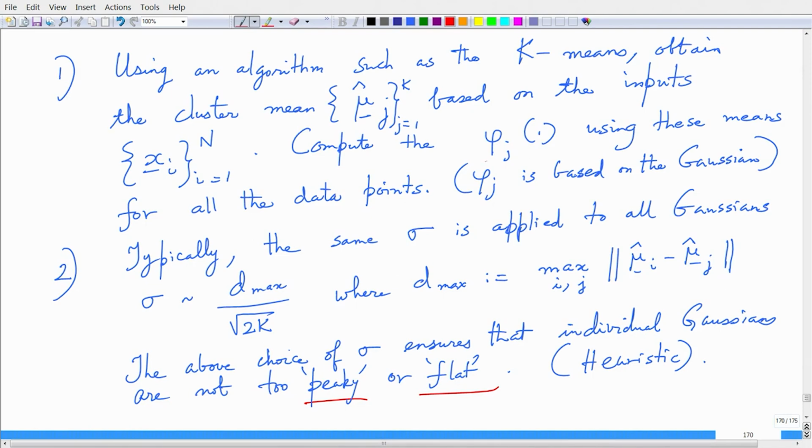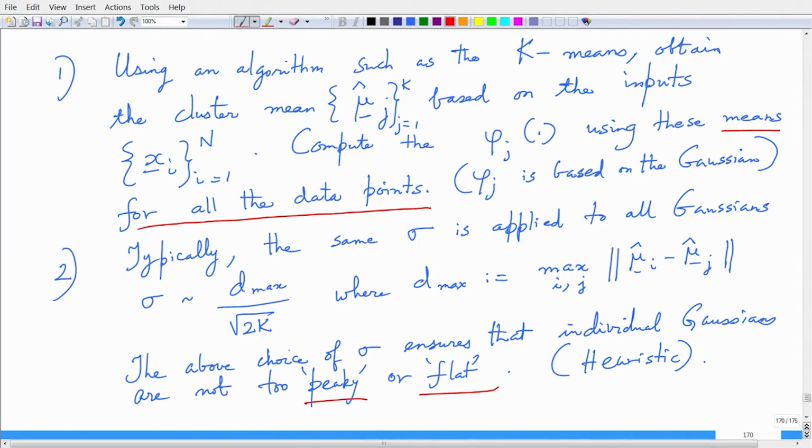And then we compute these phi j's using these cluster means over all the data points, and once we have these computations done and a phi matrix formed from these points, that is we have data points and the clusters, and with this evaluation we can form a matrix, and we can combine those along with the weights and the desired response in the form of a matrix equation and then solve it.